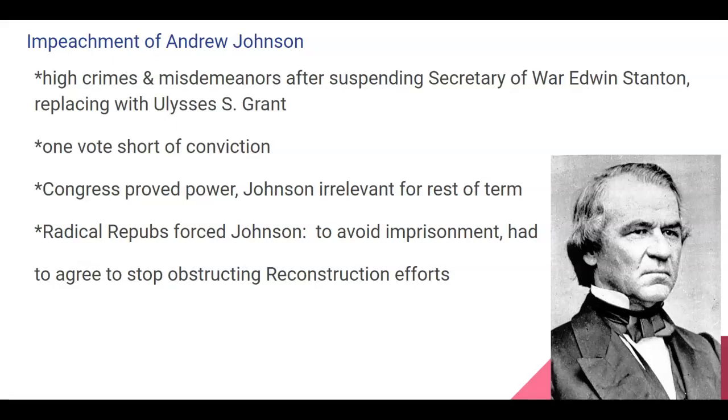And so they were one vote short of a conviction of Andrew Johnson. However, he was allowed to remain in office, but he was a lame duck for the rest of his term. Congress showed what they could do, and he was a lame duck, meaning he had no power. People just looked at him, and that was about it. In order to avoid imprisonment, he had to agree to stop his obstruction efforts. So Congress basically put him in his place.